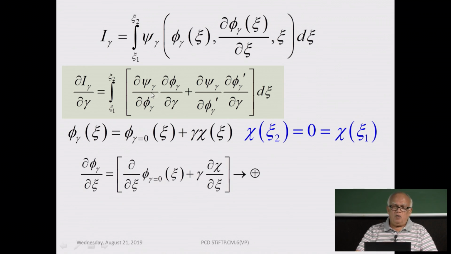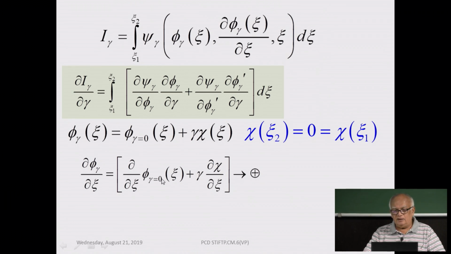So, now let us, since we have this relationship, then we can find the rate at which phi depends on xi, we need it over here, right. So, the rate at which phi depends on xi is now given by this relation. So, it depends on how the phi for gamma equal to 0 depends on xi, right.